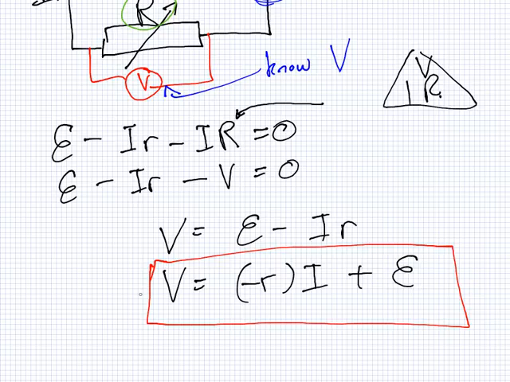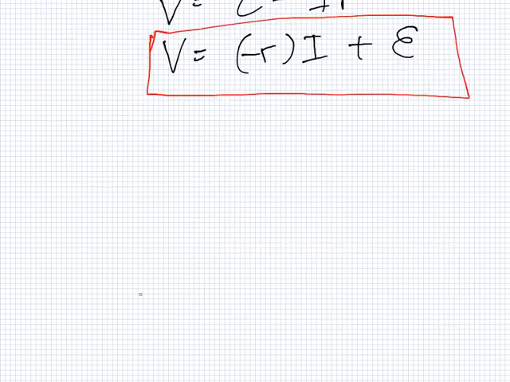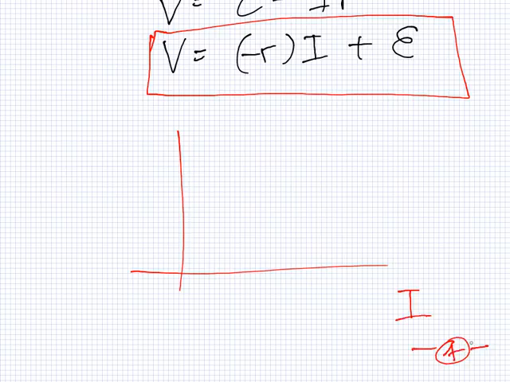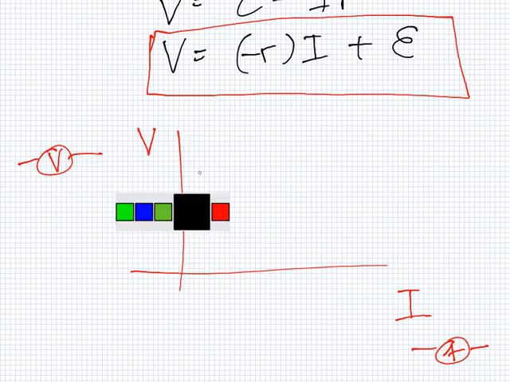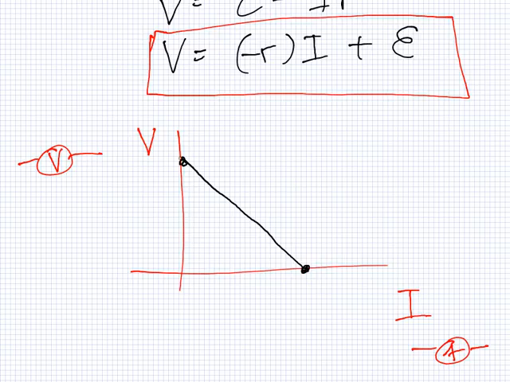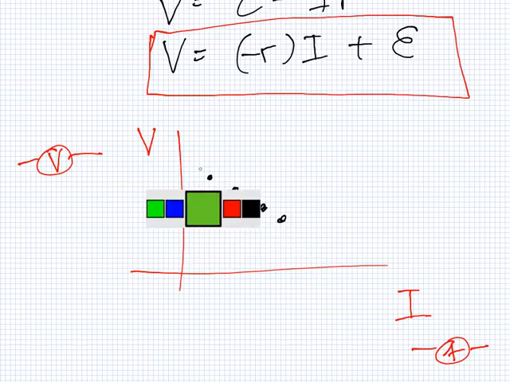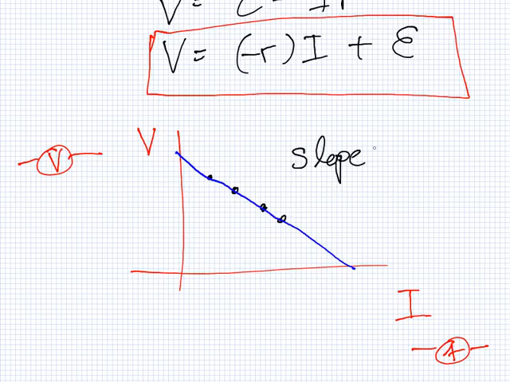So if you made a graph like this, where you have I here from the ammeter, and you had V here from the voltmeter, the graph will go down like this. So you could have a graph of some points, and then you can draw a line, and what will the slope here equal?